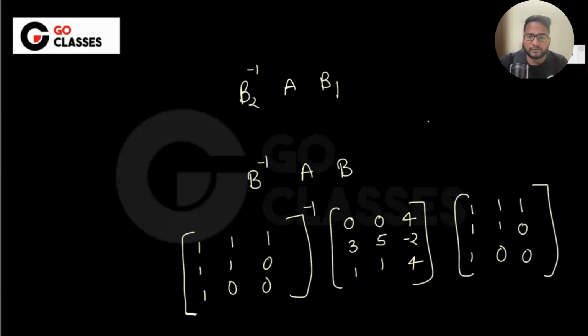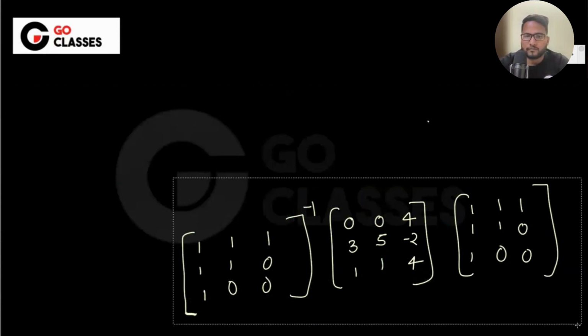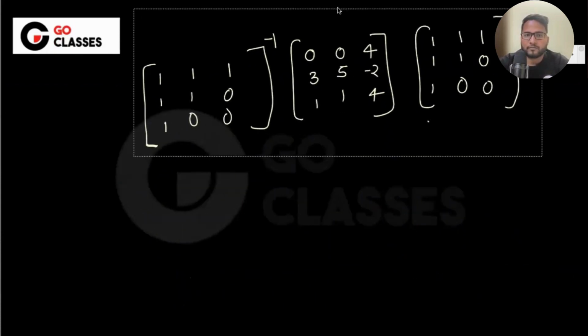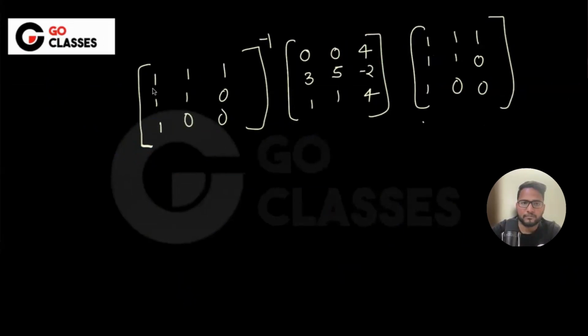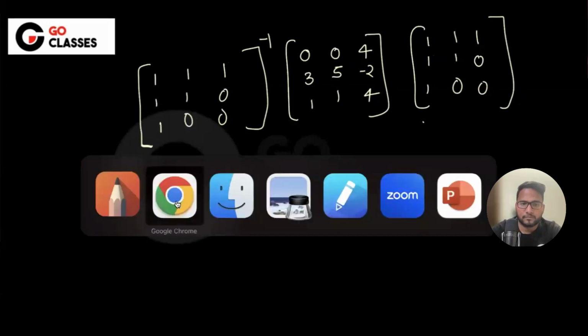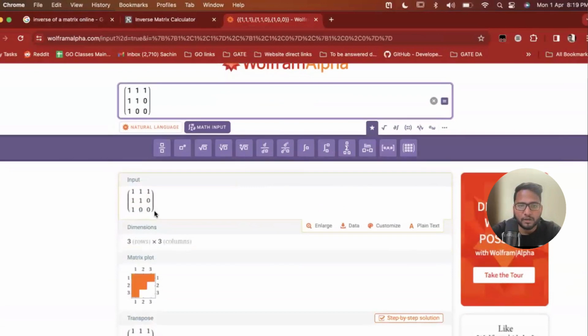So let me go to the next page. So this is the matrix that they're looking for, right? Okay. So let's use Wolfram Alpha to find the inverse.